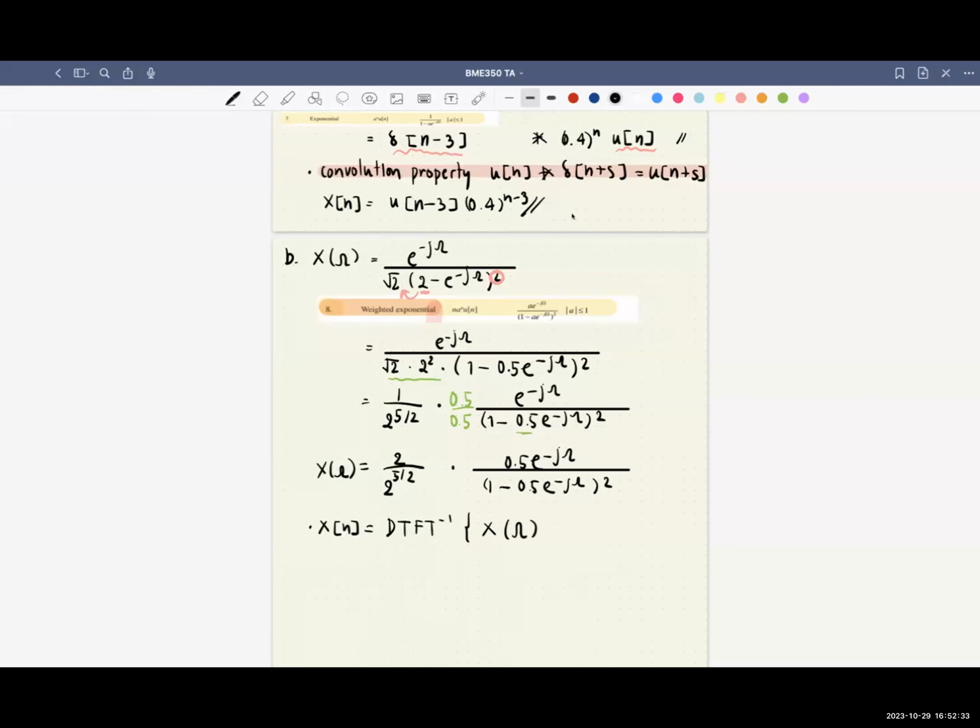Isn't it 1/2 to the power of 5 over 2? Here is 1 over 0.5, right? So that's equal to 2 over 2 to the power of 5 over 2. Is that clear?